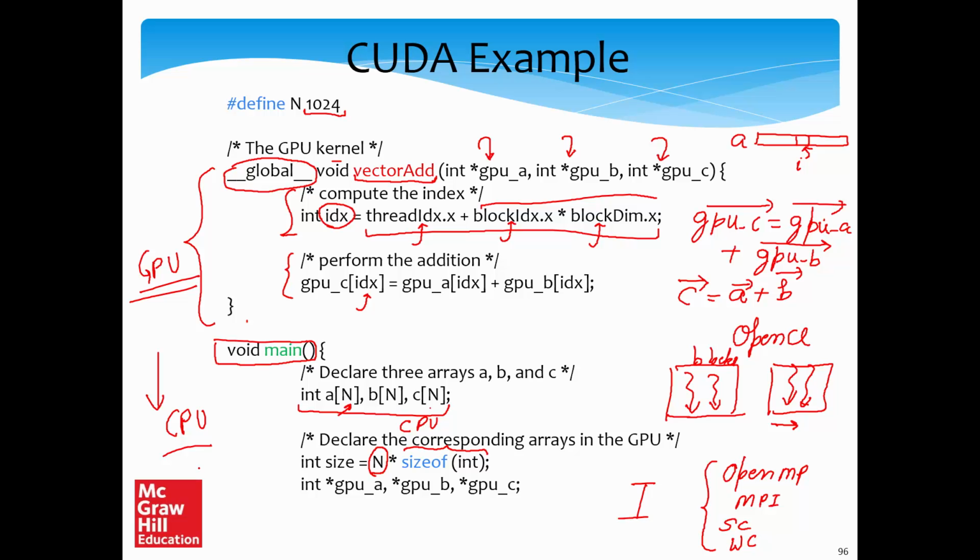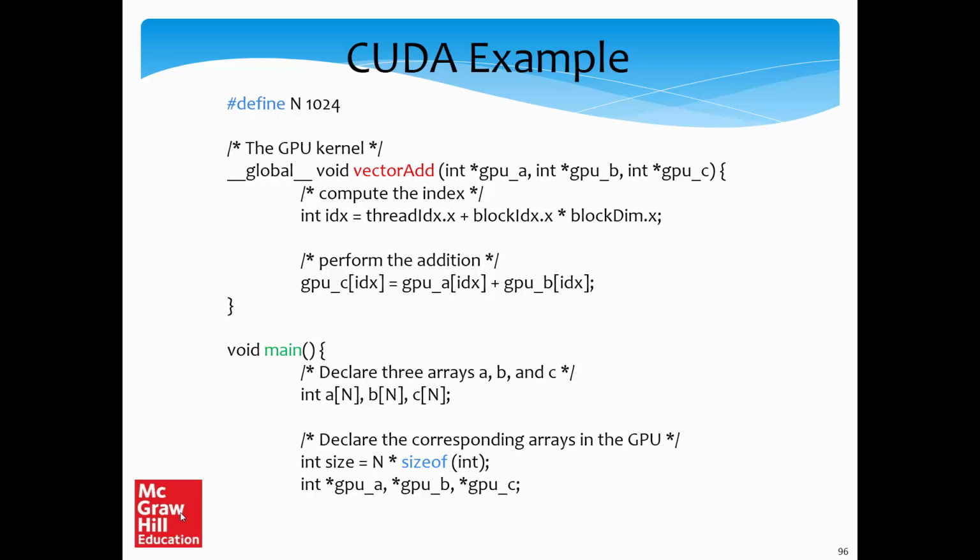The important elements, let me again clean this up. The important elements of this computation are basically that we define our own function, the GPU kernel, which of course first gets the ID of the element. By finding the ID of the thread and the ID of the block, we tell the GPU what needs to be done.